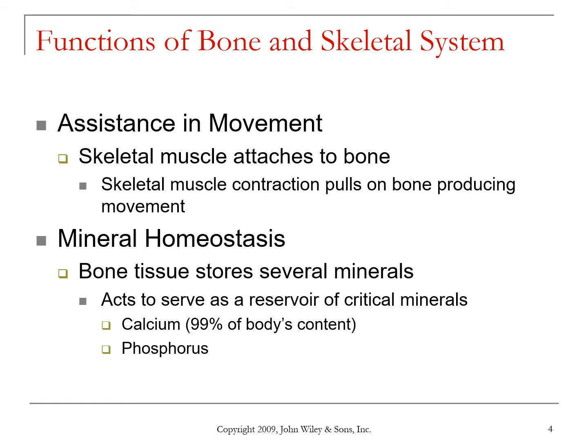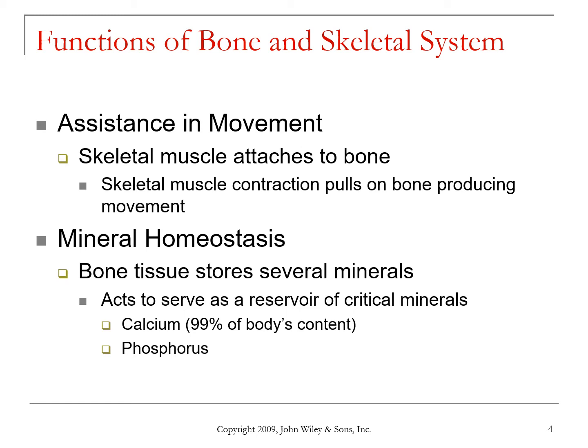Meaning what? Whenever your blood levels of calcium are out of homeostatic range, calcium and phosphorus will be deposited into the bone or removed from the bone and returned to the blood to maintain blood homeostatic levels of these minerals. So, we will see this later on.